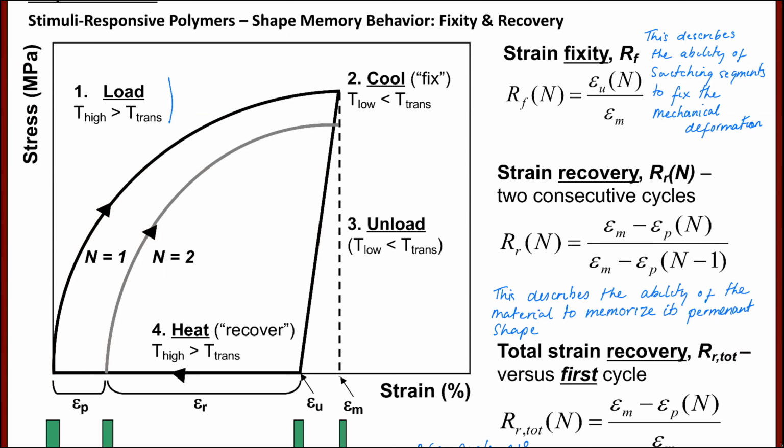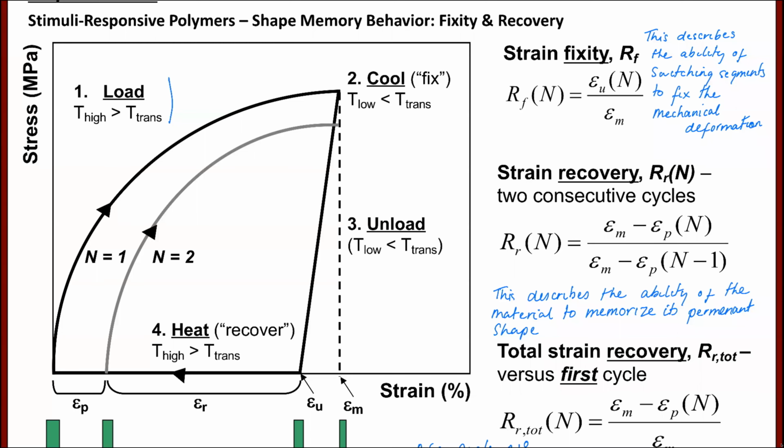So we're basically trying to measure the shape memory behavior of the polymer. So if we do 1 cycle, where can we fix it to? Can we recover it? If we do a second cycle again and try and fix it, where can we get it back to? Where can we recover it to?